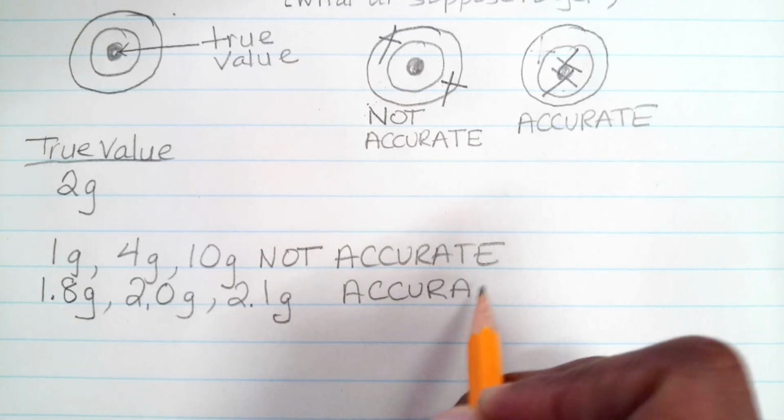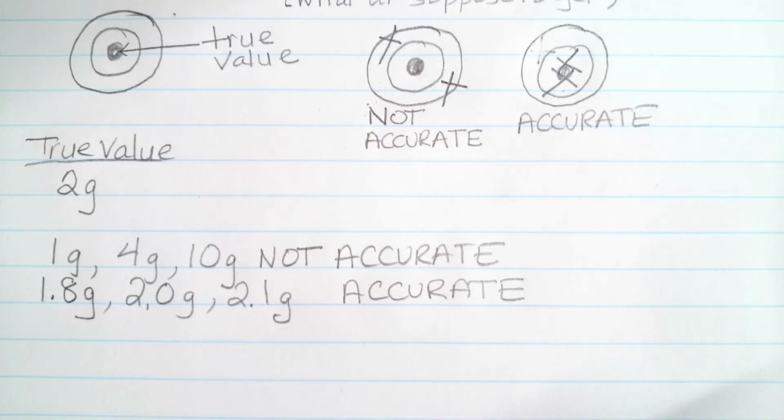They are close to 2 grams, which is the true value. You're going to have error in the chemistry lab. Rarely do you get 100% of what you are supposed to get. But these are really close to the true value. So we would say that that's accurate.